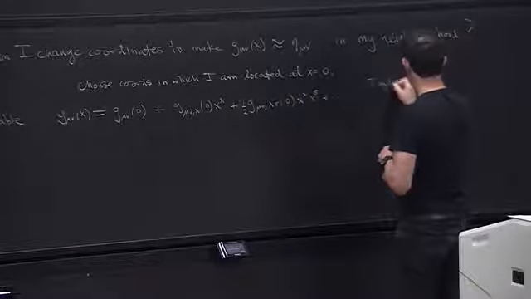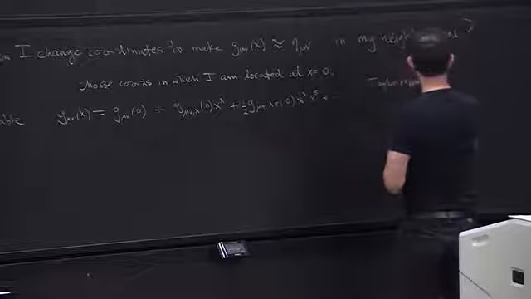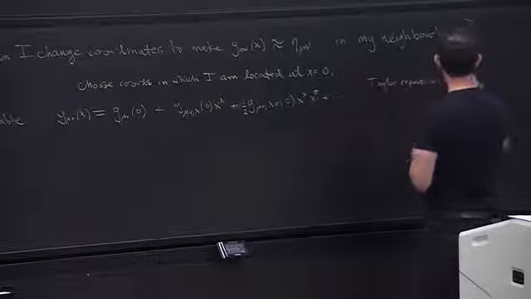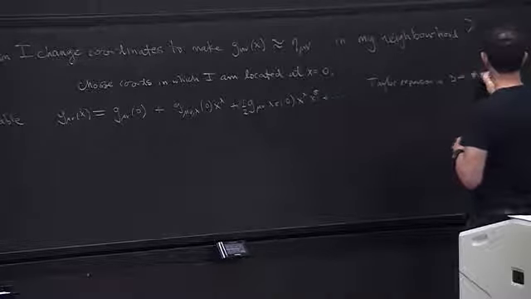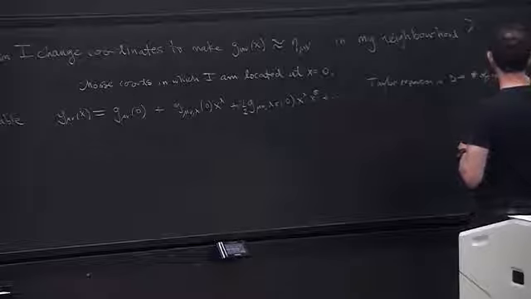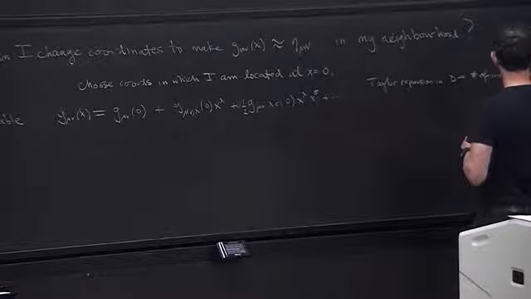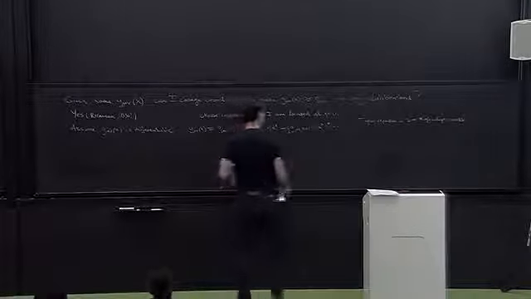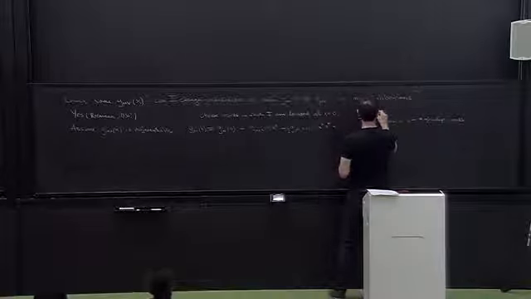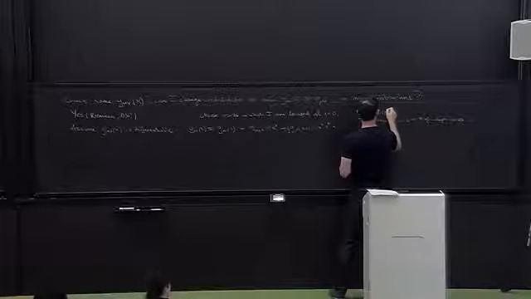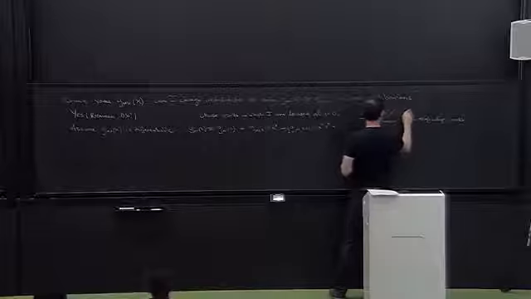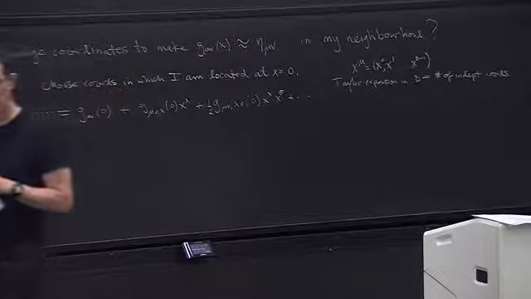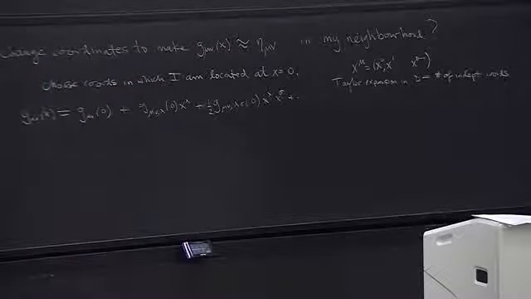It's just the Taylor expansion in D, where D equals the number of independent coordinates. So Taylor expansion in D variables, right? So x mu would be x0, x1, up to x D minus 1. So if I'm in 4D, I've got my time and then 3 space coordinates.